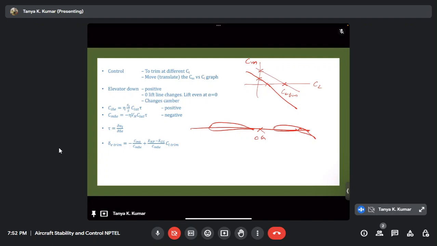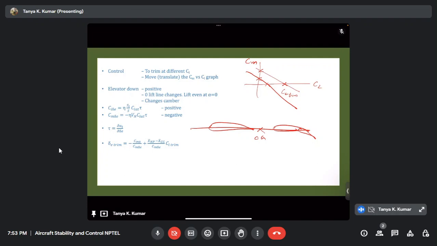Just guide me through the entire process. Starting from deflection of the elevator downwards, what does it first do? Does it change stability? No, right? We just saw that it does not change the stability.